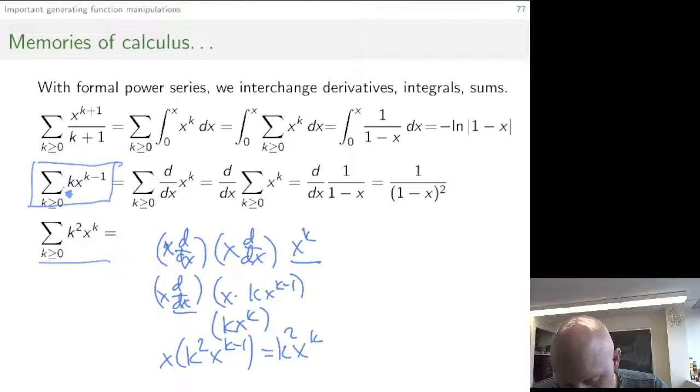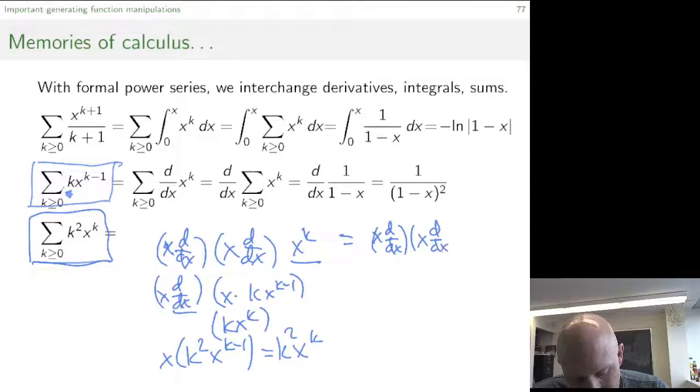So this sum is going to be equal to x d/dx of x d/dx of 1 over 1 minus x.